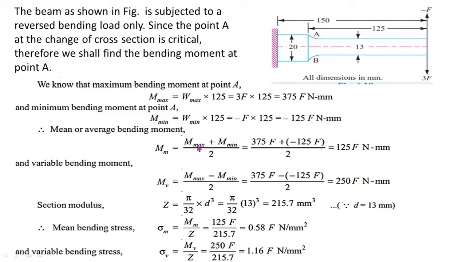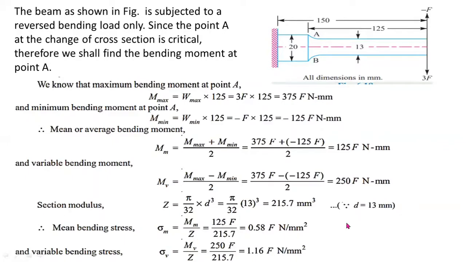So maximum bending moment equals 375 F and minimum bending moment equals minus 125 F. Finally, mean bending moment equals 125 F. In a similar way, variable bending moment equals maximum bending moment minus minimum bending moment by 2, that is 375 F minus minus 125 F. So 250 F is the variable bending moment.